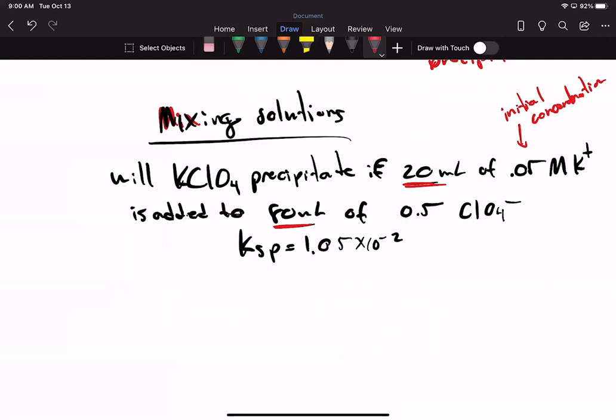Okay, be careful. Initial concentration, and look what we have here. This is initial volume. Interesting. Here I have another volume, and here I have another concentration. Let me back up a little bit. I don't want to get deterred by this real quick.